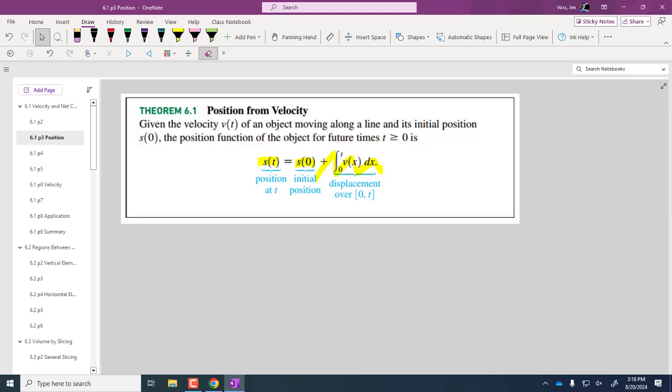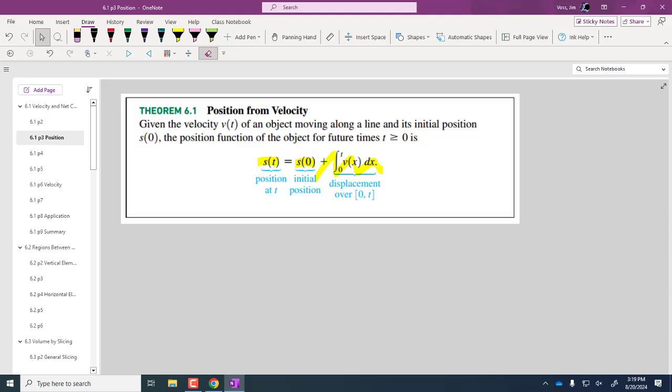So this says, what is the position, not just at a specific number, what's s of 5, it's saying what's s of t. We want a function. So we want to be able to plug in any t value. We want to say, oh, if we want the position at time 5, at t equals 5, we would replace that t with a 5 and integrate 0 to 5. But if we just want it as a general function, so it's kind of a predictor of where we'll be at time t, then we have to change the letter in here so that it doesn't conflict with that variable.